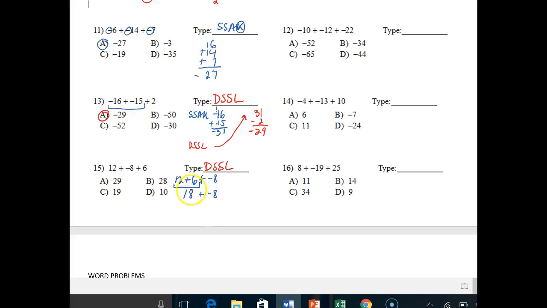I know that my answer will be positive because I have more positives than I do negatives. 18 plus negative 8, I have 18 positives, 8 negatives. So I can just do 18 minus 8, and my answer should be 10, positive 10, D. So you're going to want to rewrite on 16 and 14 to make sure that you can use the commutative property of addition to add like signs first and then do DSSL.